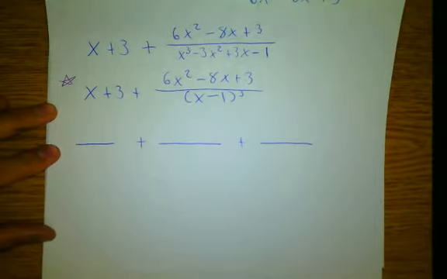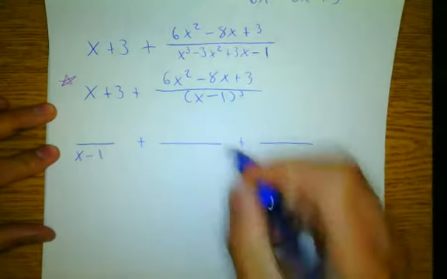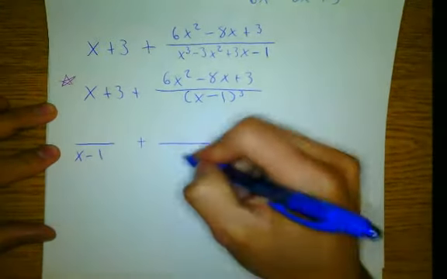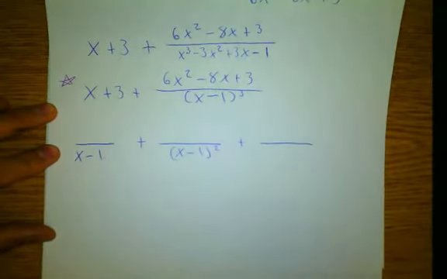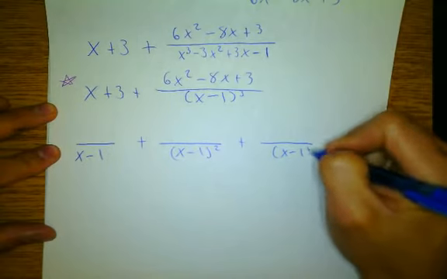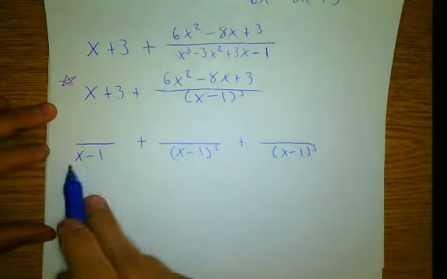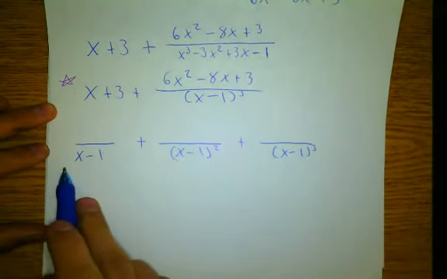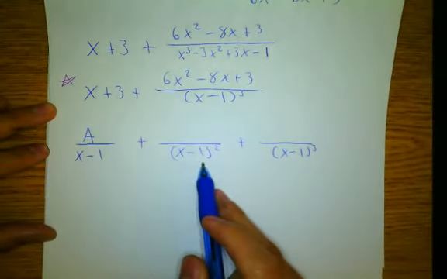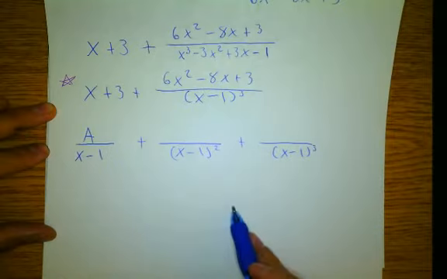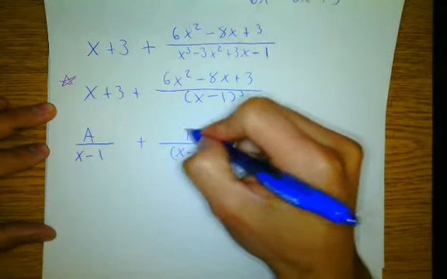X minus 1 cubed. This is linear, right? So, A. This is quadratic, but it factors out to be linear, so just B, right? This is cubic, but it factors out to be linear times linear times linear, which is just then C, right?